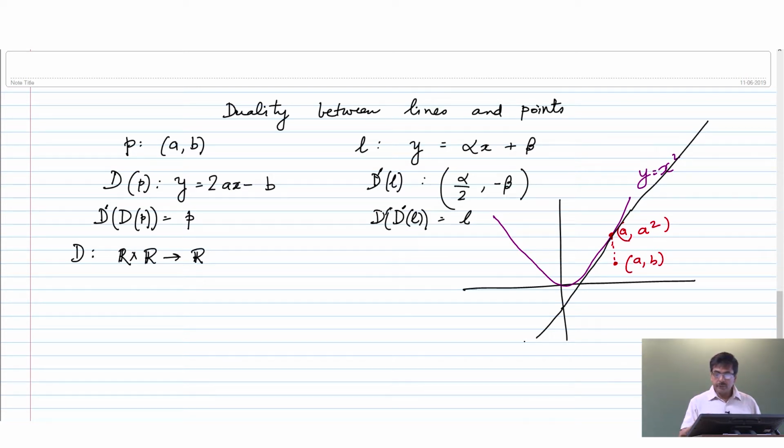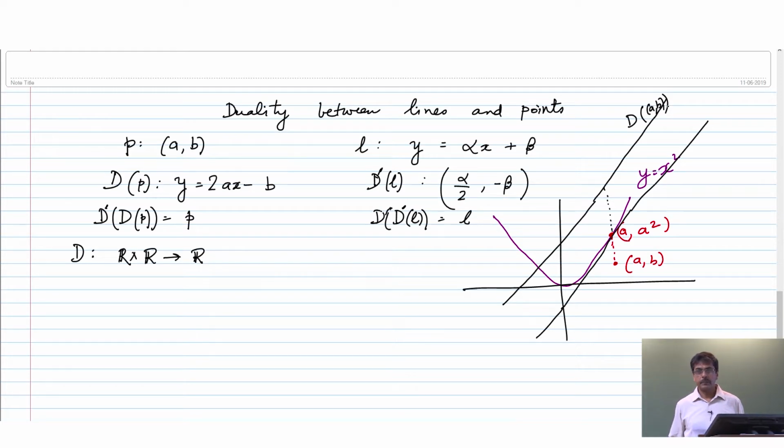Then this point is mapped to a line which is parallel to this tangent line, and above the parabola. So it has the same slope, and this will be D of (a, b).